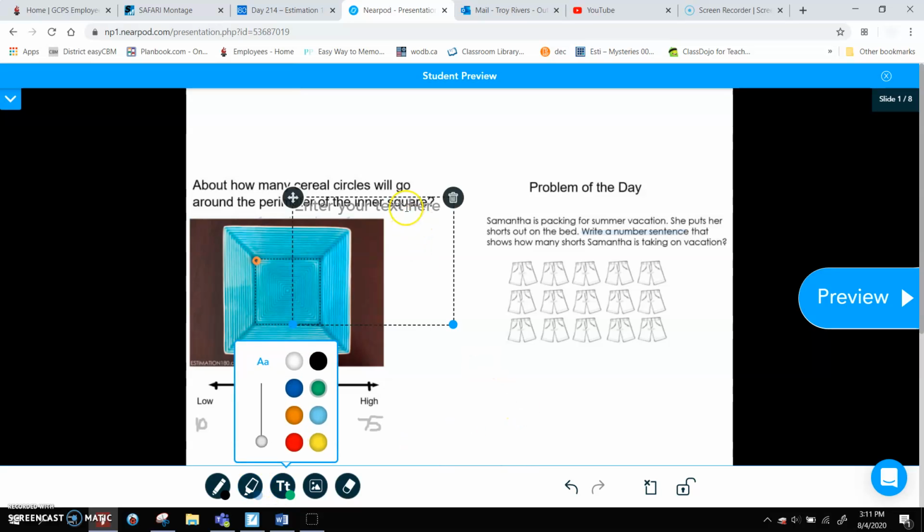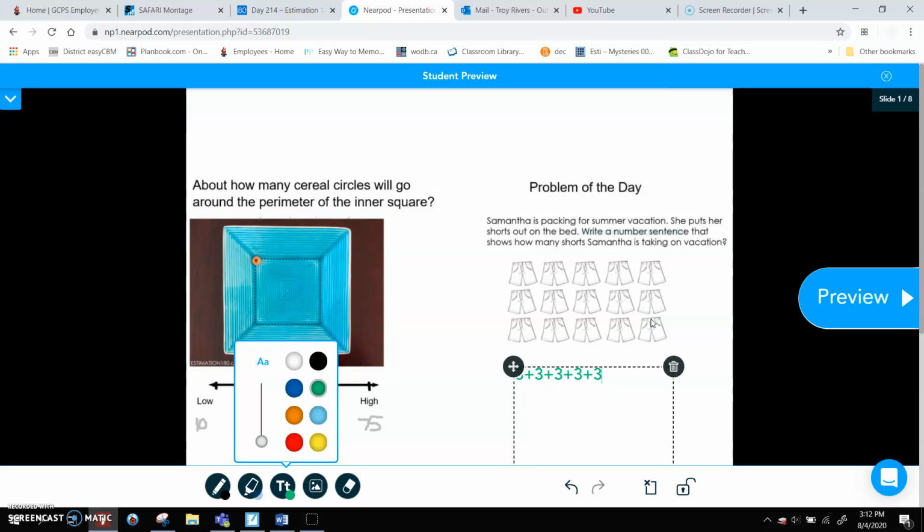So I'm going to use my text tool. I'm going to drag it over here. I'm going to actually type this one out. So I can see that there's 3 shorts, 3 shorts, 3 shorts, 3 shorts, and 3 shorts. So I know that that's going to be 3 plus, so that's 3 right here, plus another 3 right there, plus 3, plus 3, and then plus 3 again.